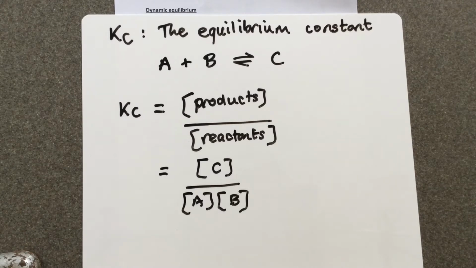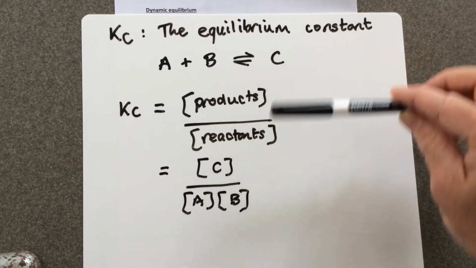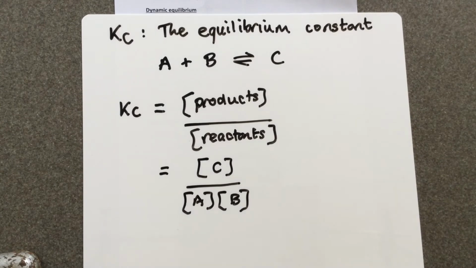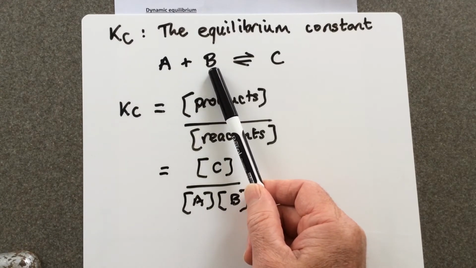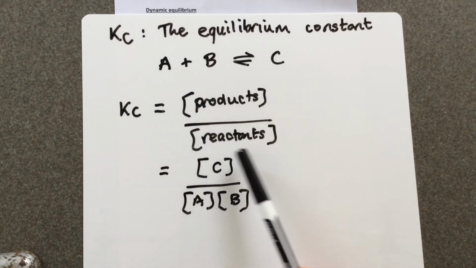Now just think about that. If the value of Kc is constant, it means that this ratio, the concentration of the products divided by the concentration of the reactants, is always the same. So if you come along and add, let's add some B. If you add some B, you've disrupted this lovely ratio.